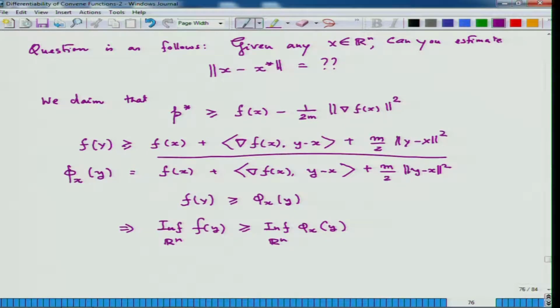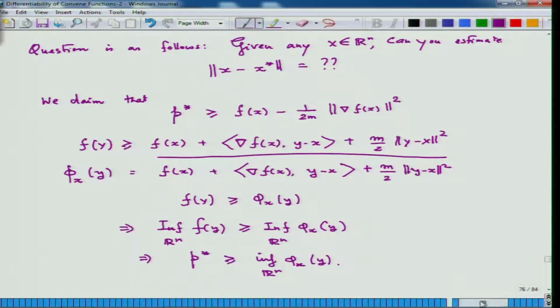The left side is nothing but P star, which we have already seen. So, P star is bigger than the infimum over R n of phi(x, y). Our job now would be to find this infimum.